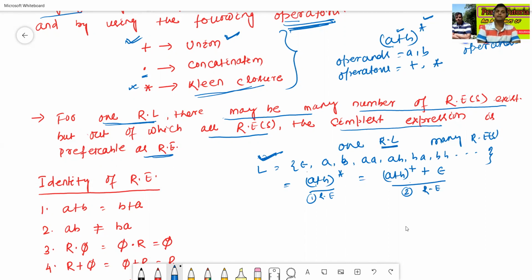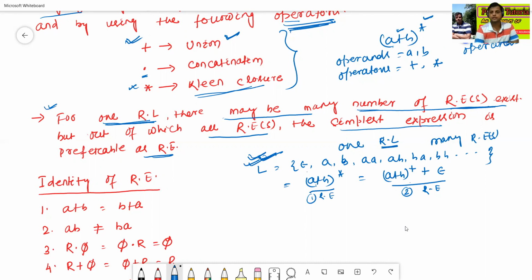But try to understand the definition. For one regular language, there may be many regular expressions that exist. Here the regular language is one, but there are two regular expressions. There may be some other regular expressions too.